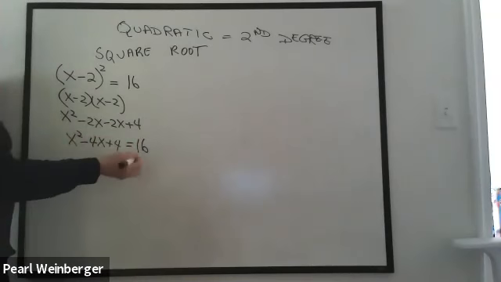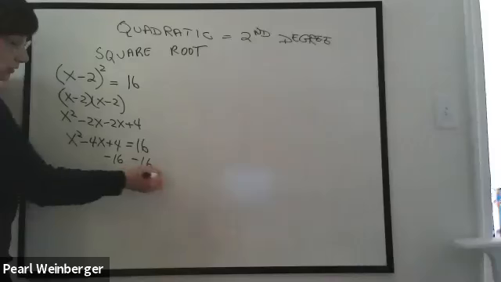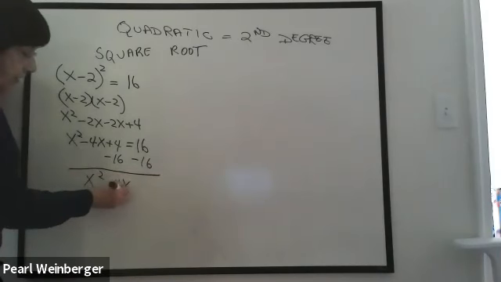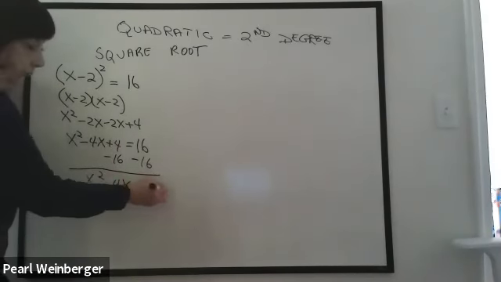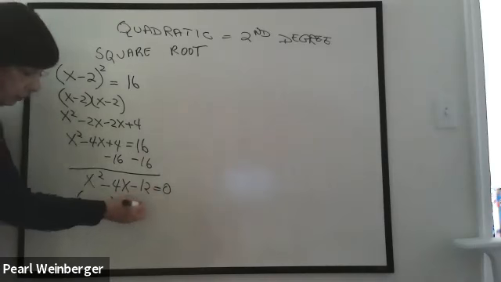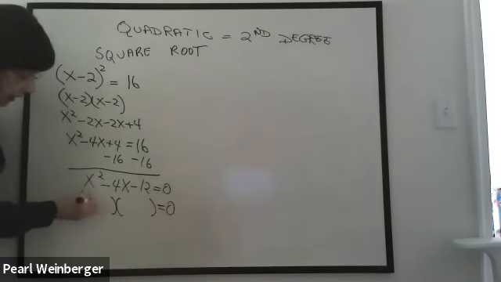And now I see it's my quadratic equation. I want to get it equal to 0, so I'll subtract 16 from both sides, which will give me x squared minus 4x minus 12, because 4 minus 16 is -12. And when I factor this, hopefully it's factorable, I get x and x.